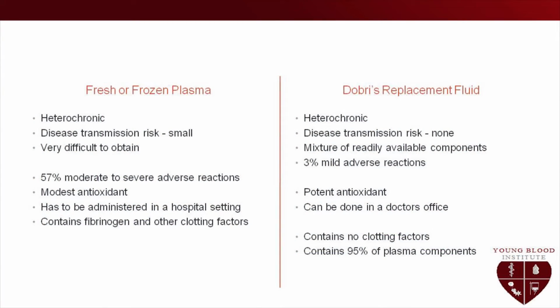So I have developed a fluid which is very different. For a variety of reasons, I'm going to call it Dobri's fluid at this moment. So it is heterochronic compared to plasma. The risk of transmission of plasma itself is small, but it's not zero. In my fluid, it is zero. Plasma is very difficult to obtain. You need quantities, you need to match it, and so forth.